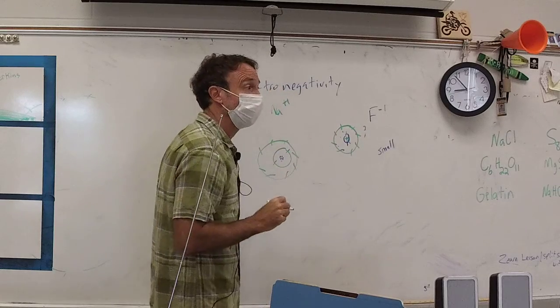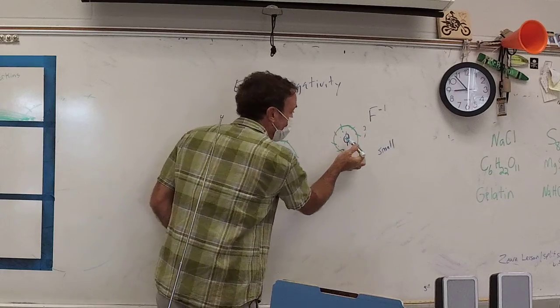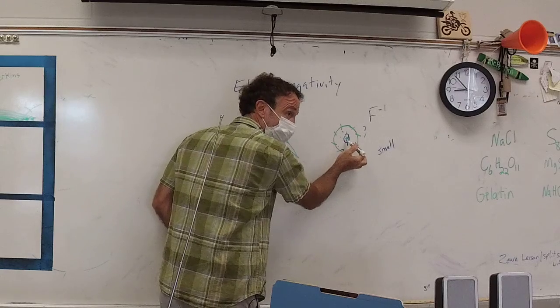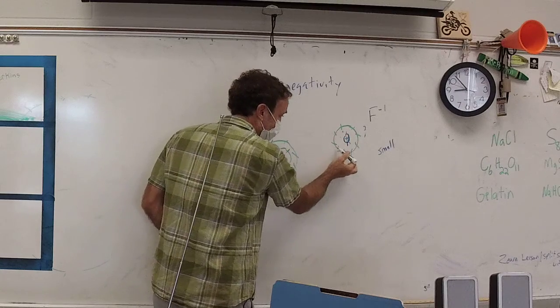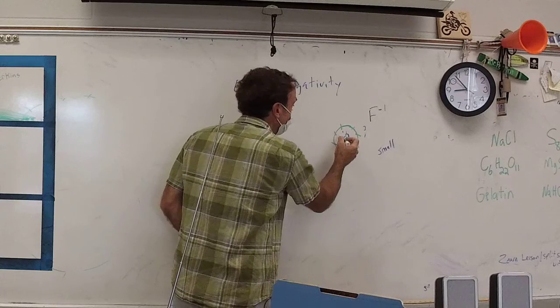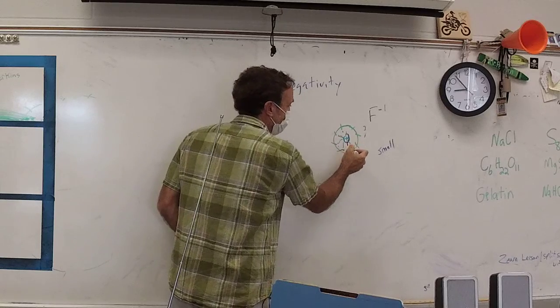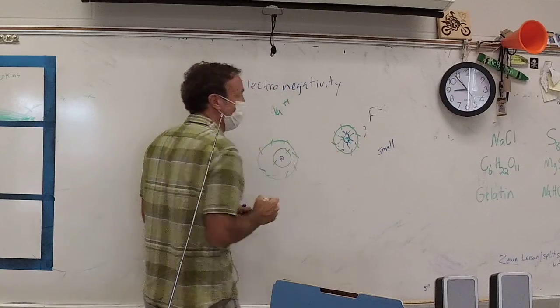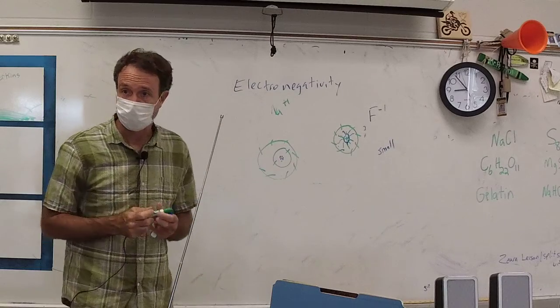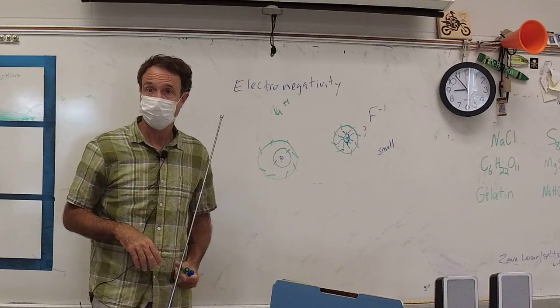It's got one more electron, but it still only has the 9 protons. So each one of these electrons doesn't have quite as much pull towards the nucleus. Okay? So fluorine is very electronegative.